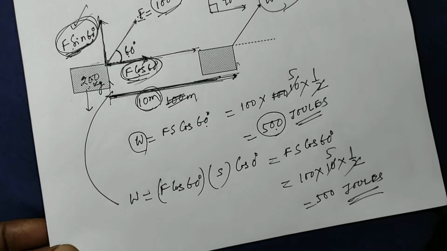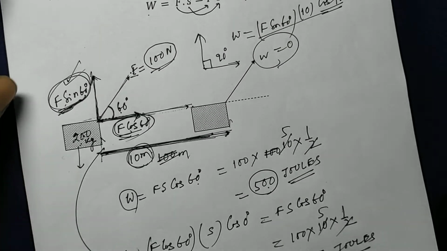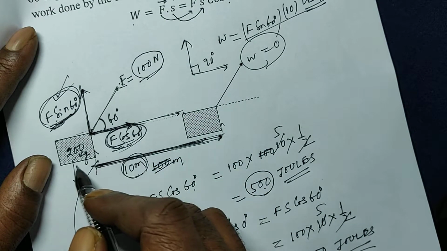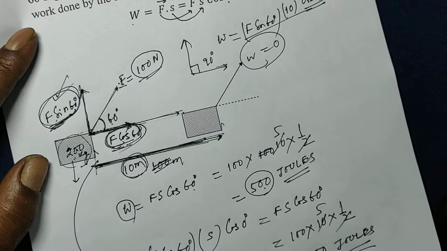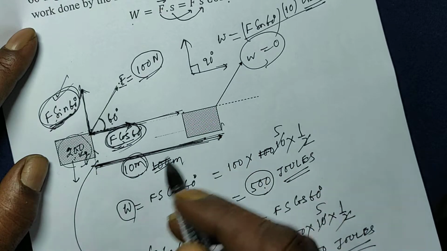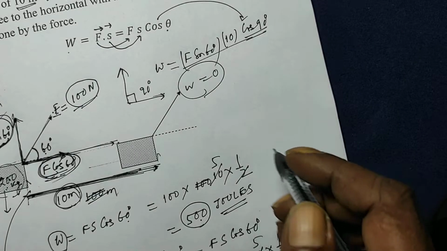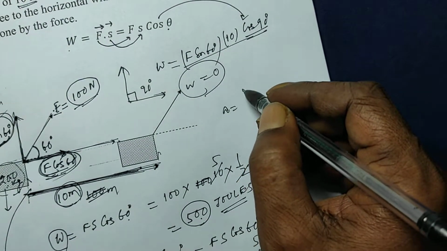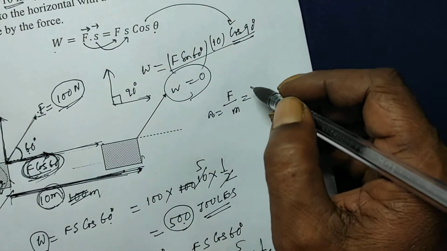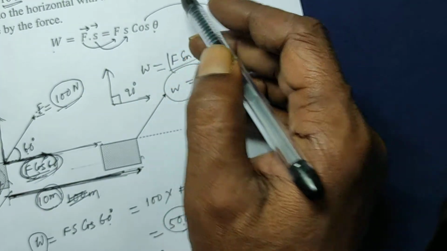Fine. Now what else can you say? The work done is positive, and since this is a net force on this mass, there will be an acceleration to this side. And how much will that acceleration be? Since a is equal to F over m, this F cos 60, F is given as 100 Newton.